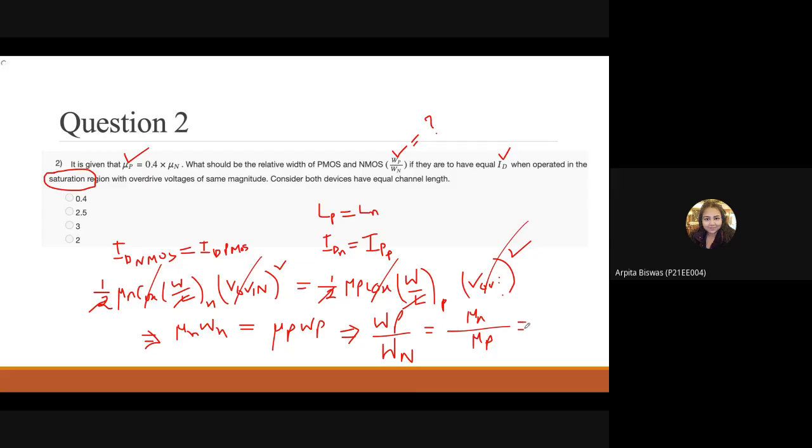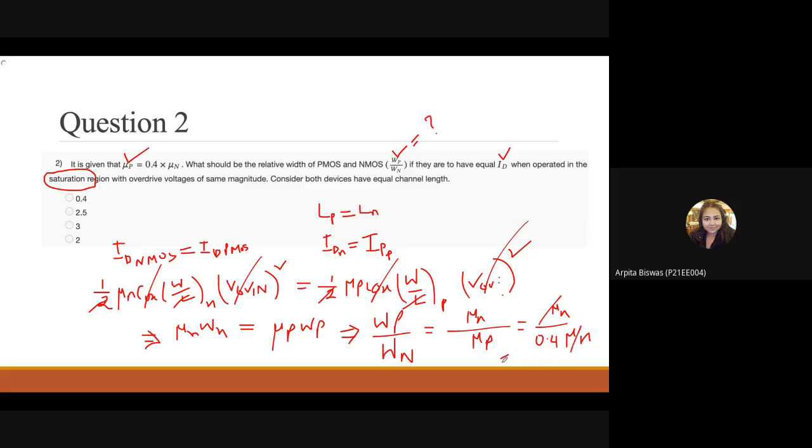So mu n by 0.4 into mu n. So what is the value of 1 by 0.4? Equal to 2.5, right?